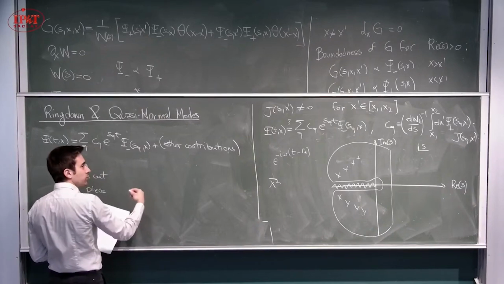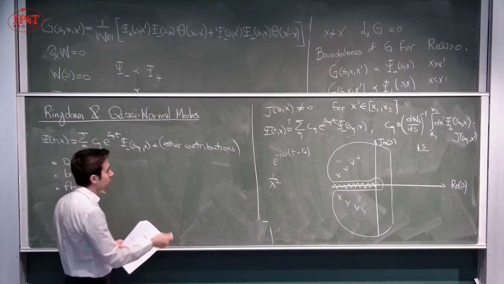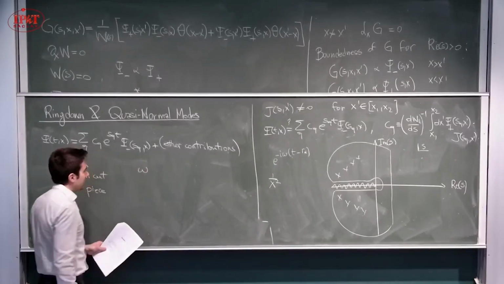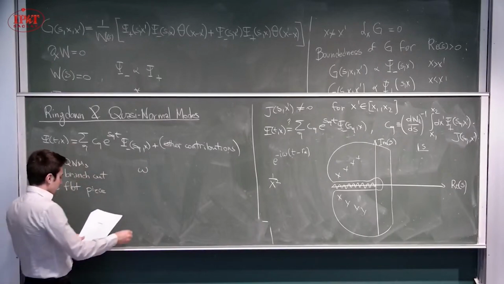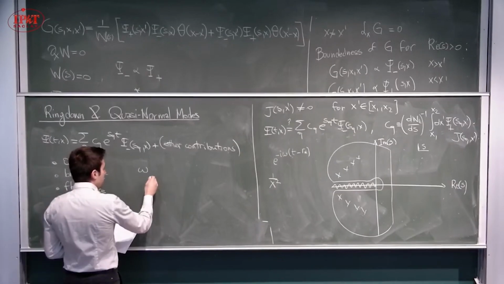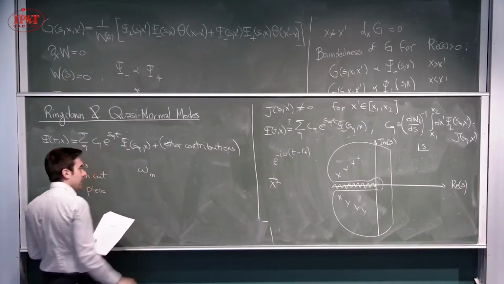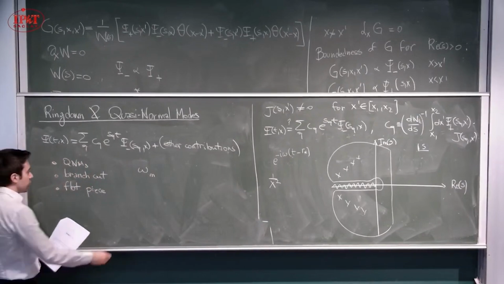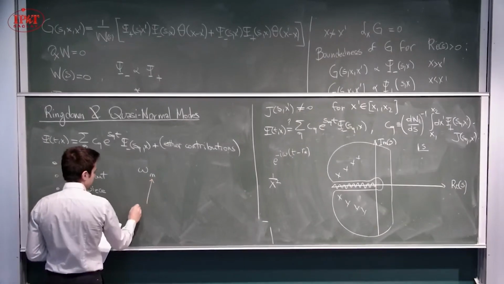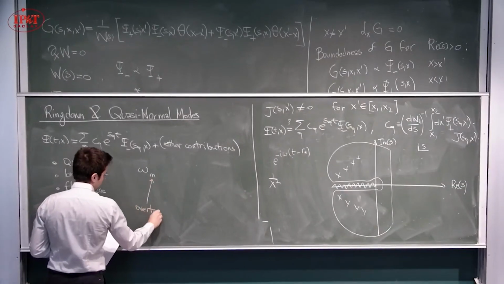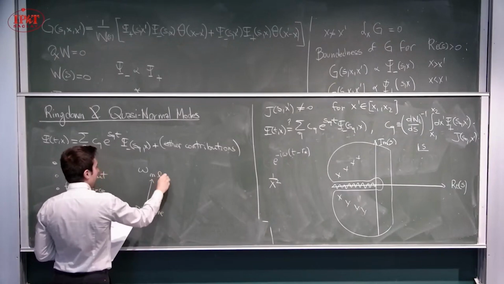Now, these frequencies, let me call them omega, are labeled by three numbers in general. There is a number n, which is called the overtone. Then there are l and m.